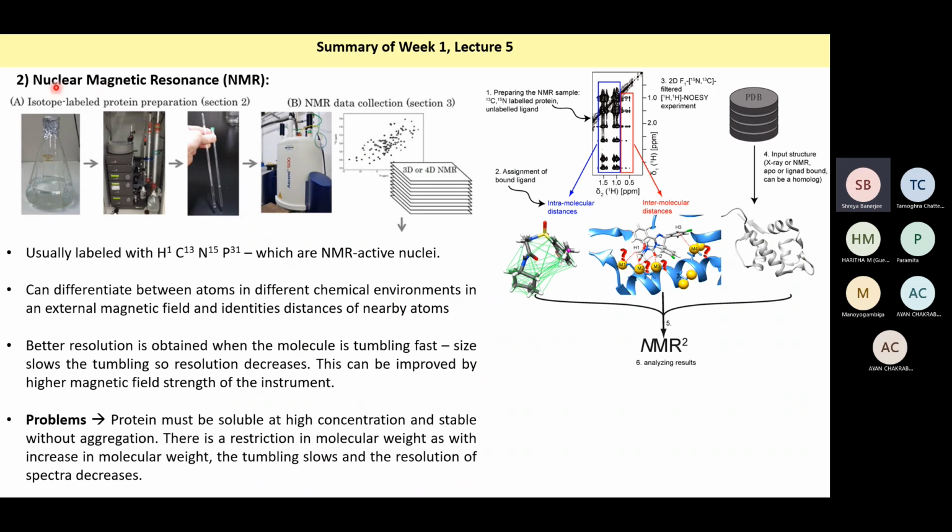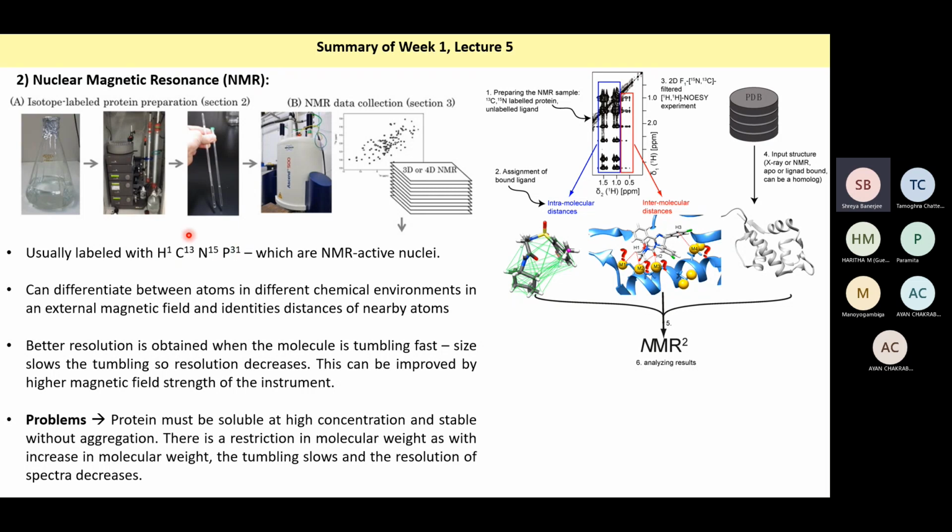The second method of determining the protein 3D structure is nuclear magnetic resonance, or NMR. In this, the protein is grown in a separate medium which has labeled nuclei: 1H, 13C, 15N, or 31P.